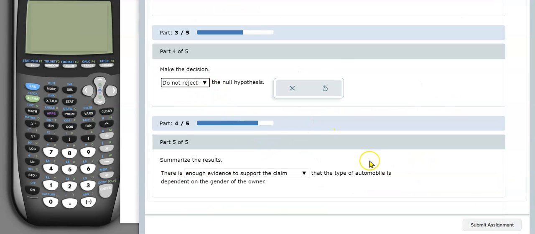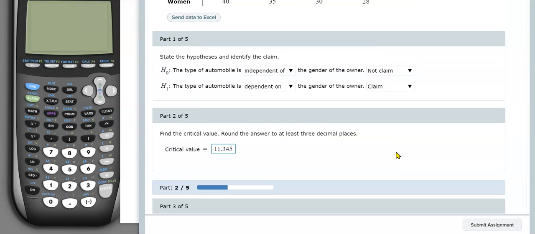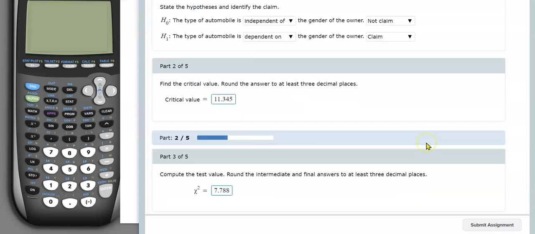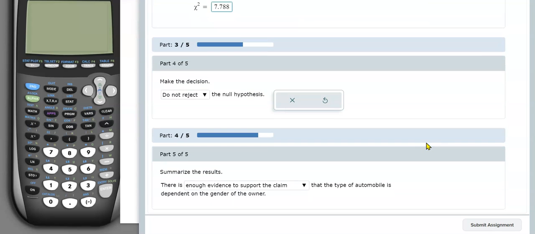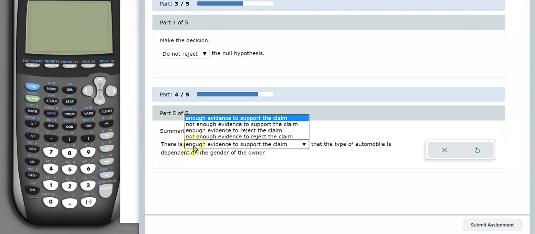If I did not reject, that means I did not have enough evidence. The claim is H1, so if I choose H0, definitely I'm not supporting the claim. So there is not enough evidence to support the claim. And that's all for this question, guys.